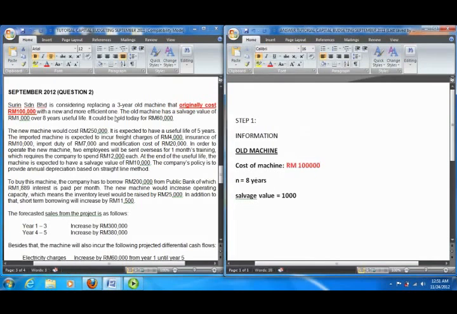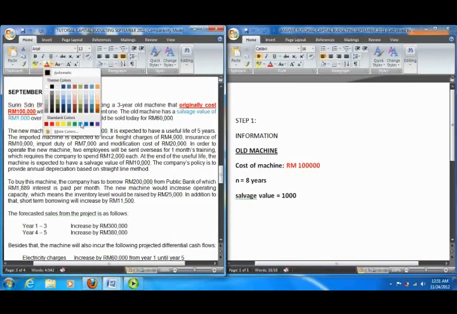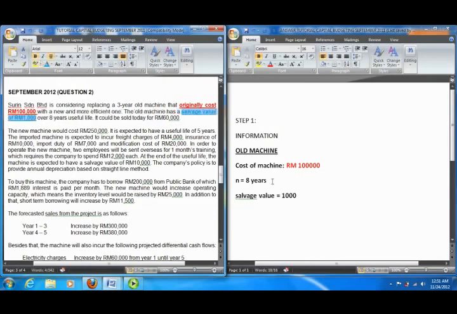Next, with a new and more efficient one, the old machine has a salvage value. Salvage value for the old machine is 1,000. And you can see in the information, class, the old machine had 8 years useful life.